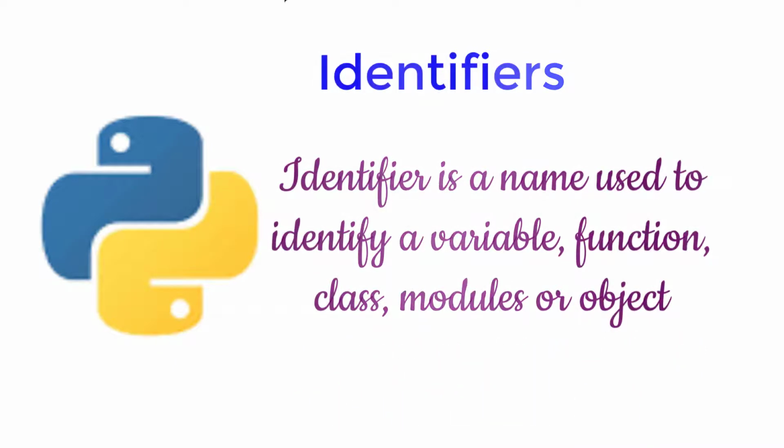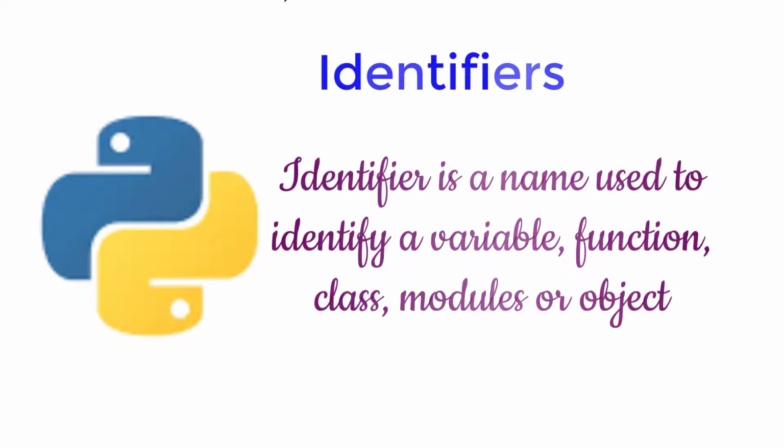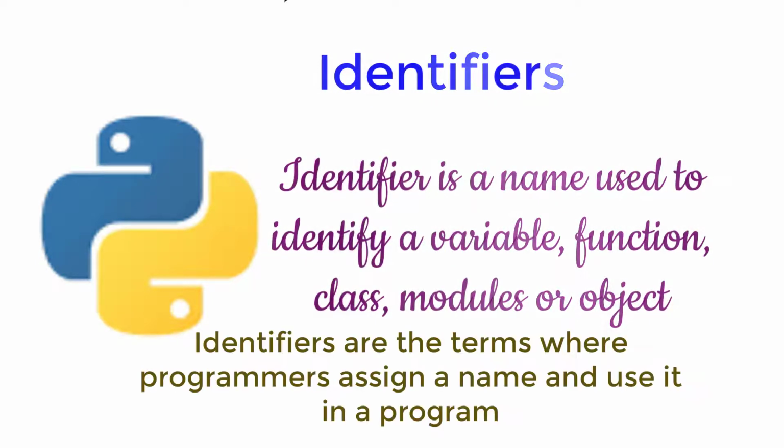For example, if we use a variable, we can give any name like ABC, XYZ, total, sum, etc. Also for classes, functions, etc., we can give a name for it.